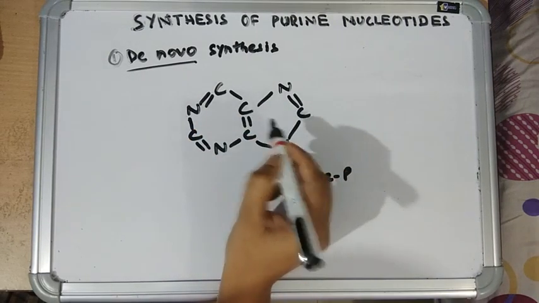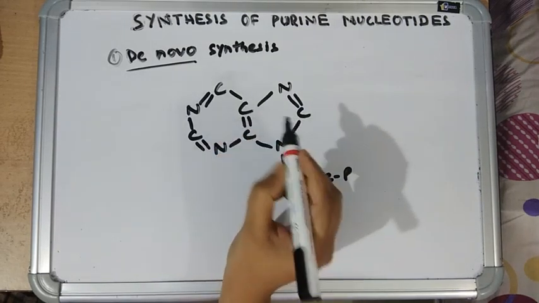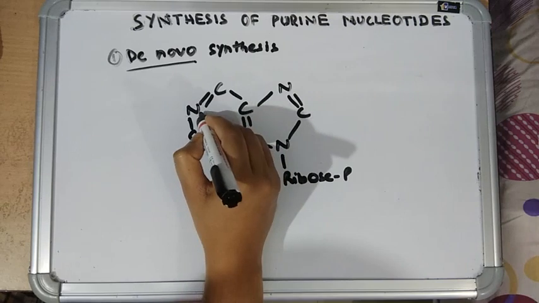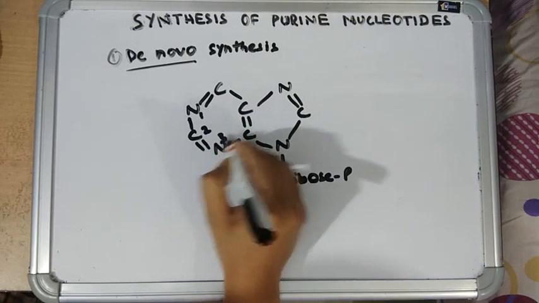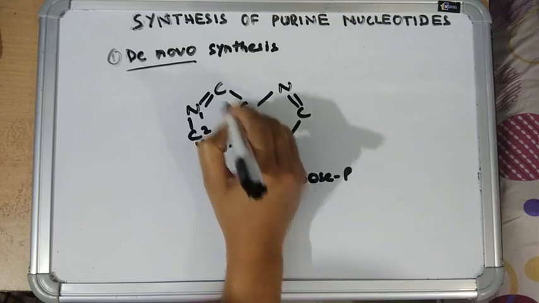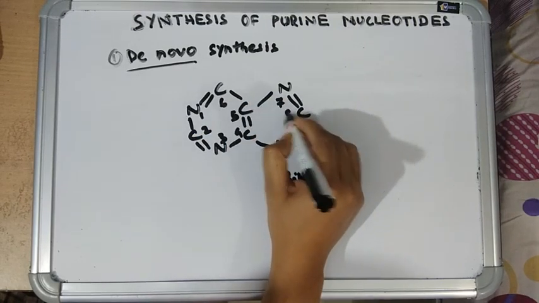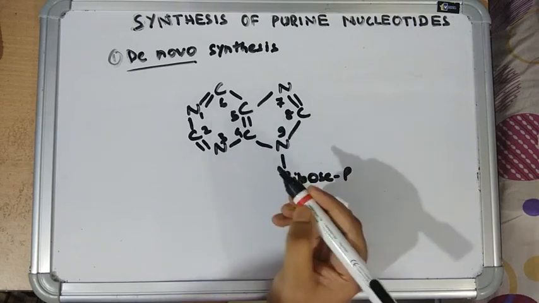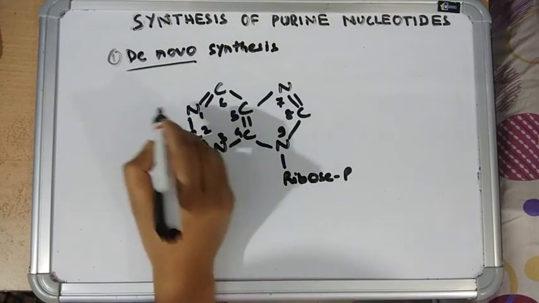The purine ring is formed by fusion of a pyrimidine ring and an imidazole ring. In the pyrimidine ring, the atoms are numbered in anti-clockwise direction: 1, 2, 3, 4, 5, 6. In the imidazole ring, clockwise direction: 7, 8, 9. Now the source of N1 is aspartate.